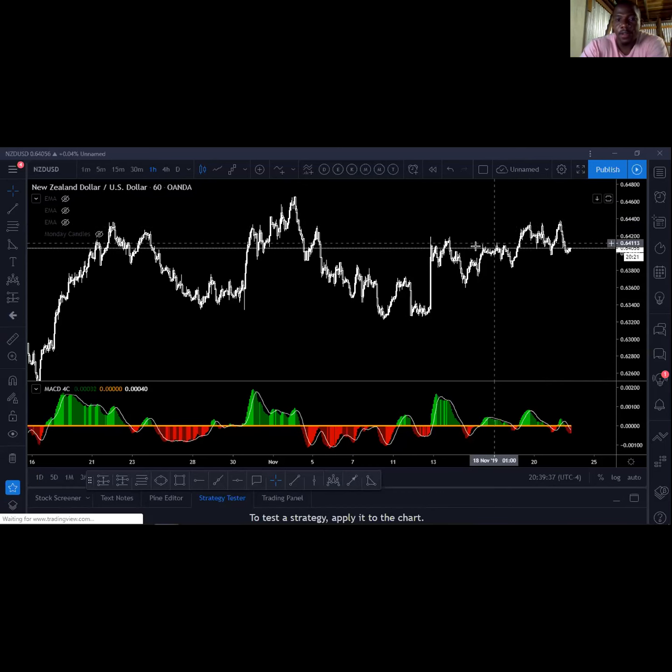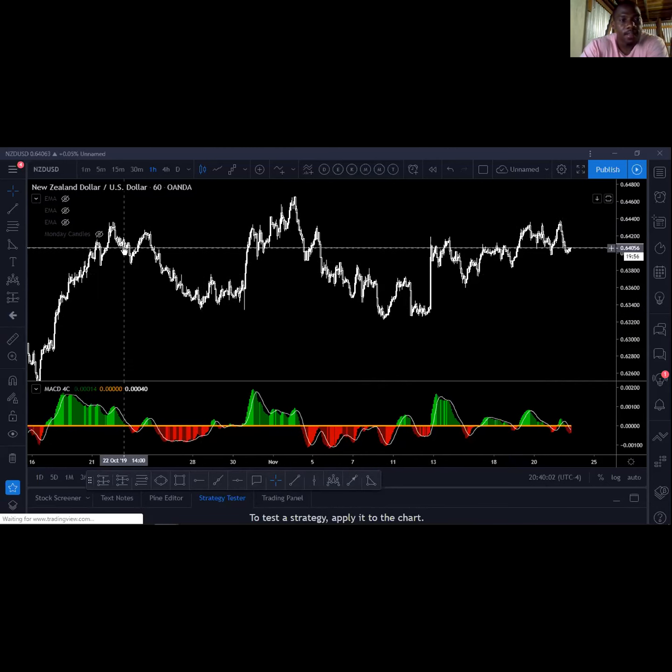Support would be an area below price, when the market is heading down, that price will stop at, fail to break below, and turn around. Those are basic definitions for support and resistance.